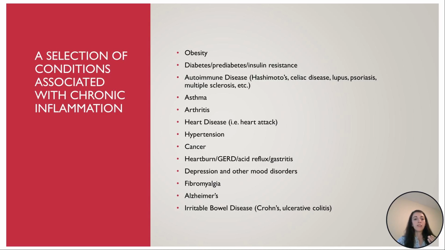We see it in asthma, allergies, eczema, sort of those allergic conditions, and different types of arthritis, cancer, depression, Alzheimer's. So I'm going to pull a couple of these conditions and talk about them in a little more detail, just to explain a little more.